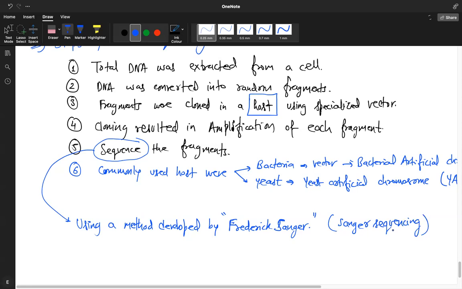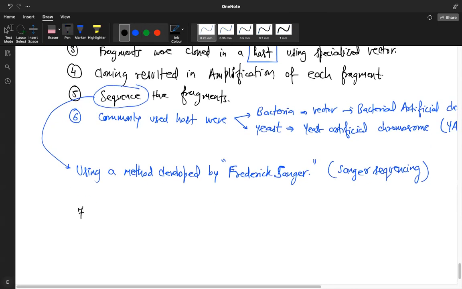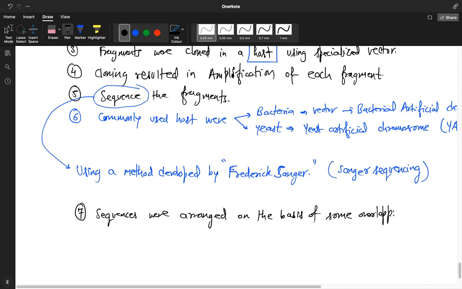Is it clear? Yes. And after that, the seventh step was, once you have sequenced the fragments, these sequences were arranged on the basis of some overlapping fragments.